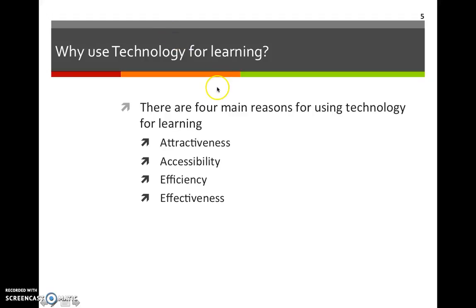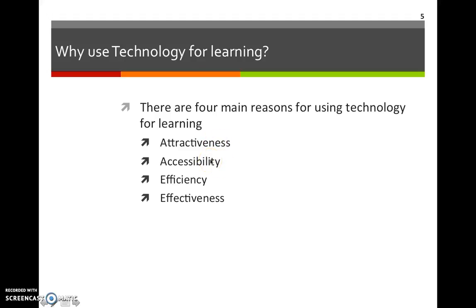Now the TEL are compared using these 4 metrics: attractiveness, accessibility, efficiency and effectiveness. Attractiveness means that in order to learn something, students find that learning with technology is more attractive, they are more motivated.